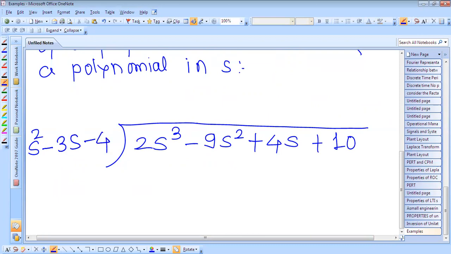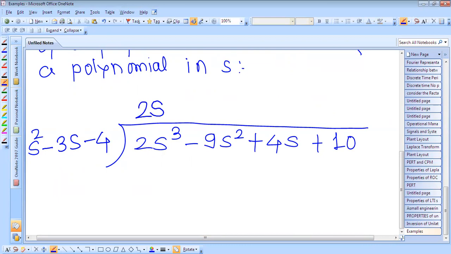So we have to use this long division method. Here we require 2s cubed, but here it is s squared. So we require 2s here, and 4 here, so we also require 2.